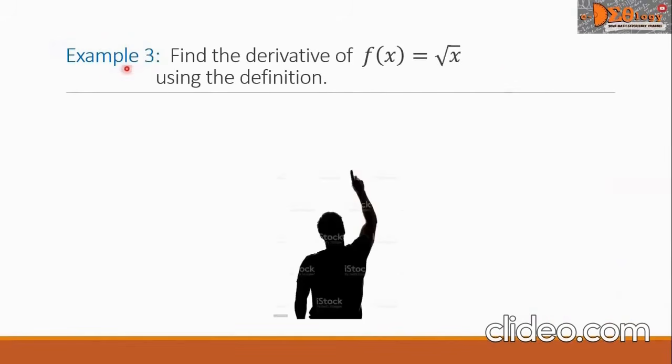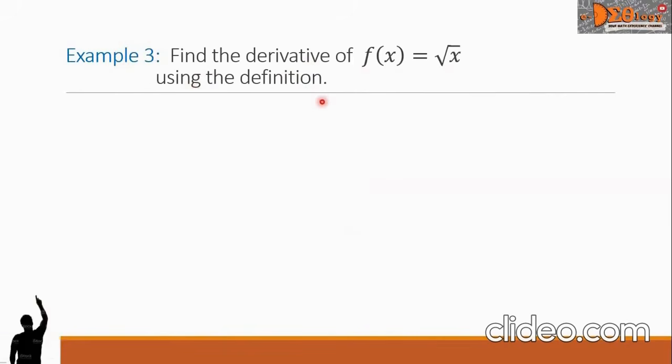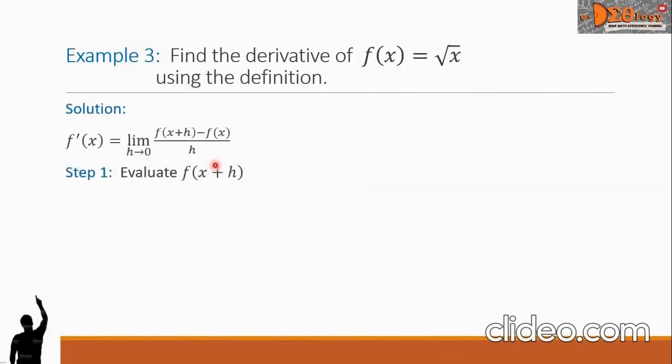Let us see example 3. Find the derivative of f of x equals the square root of x using the definition. We have here again our formula, and step 1 is to evaluate f of x plus h.